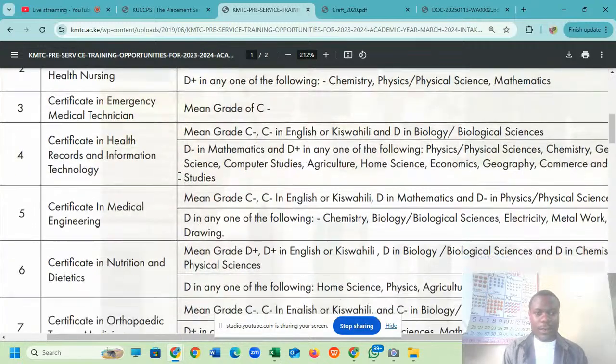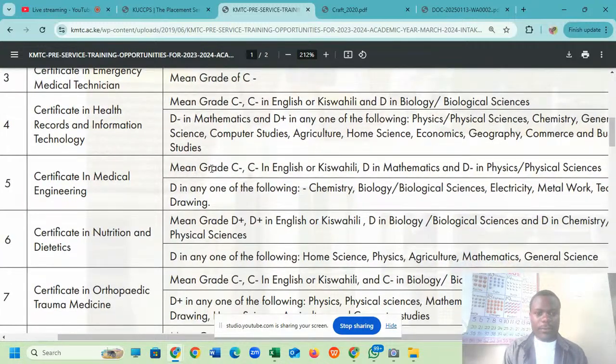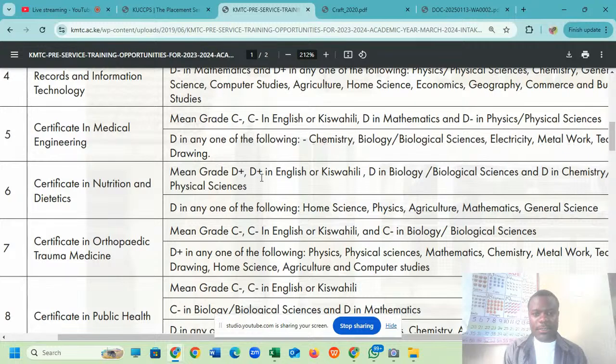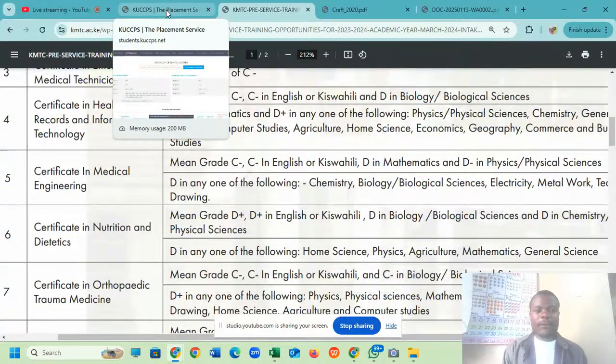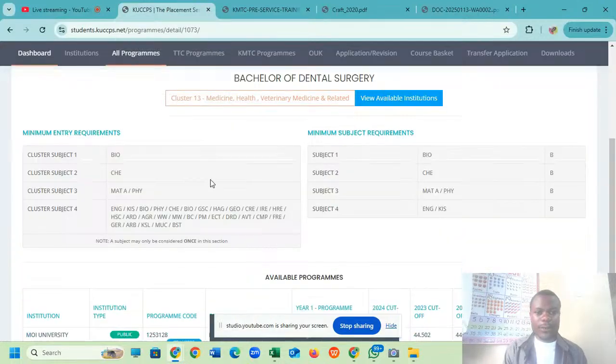So they have their specific minimum grades and also the subject requirements. But for those applying for diploma courses at KMTC, you will not find anything like cluster points. Cluster points apply to those applying to join degrees in universities.